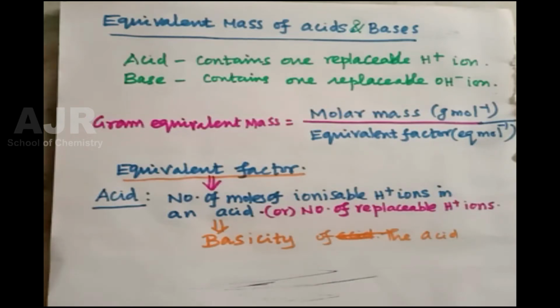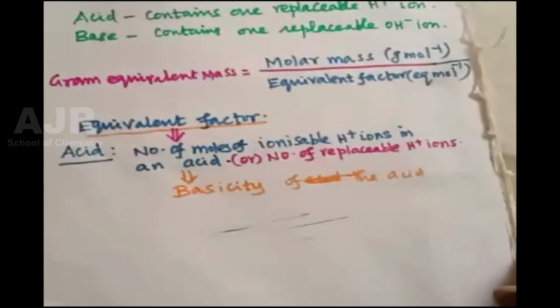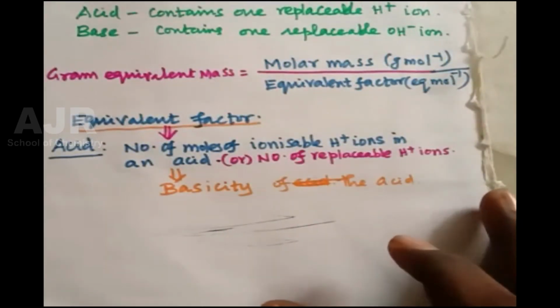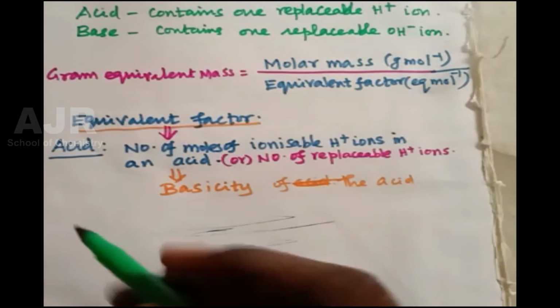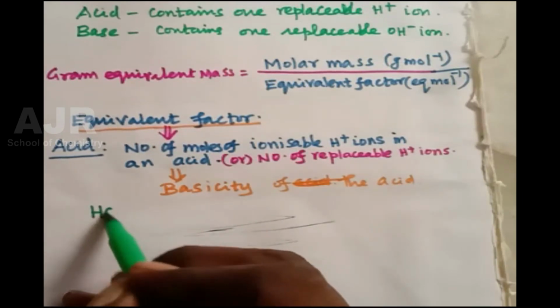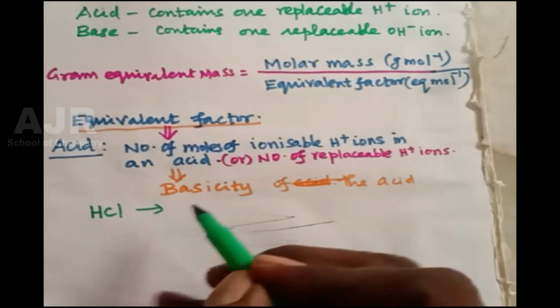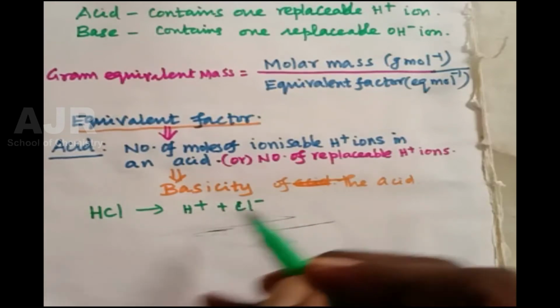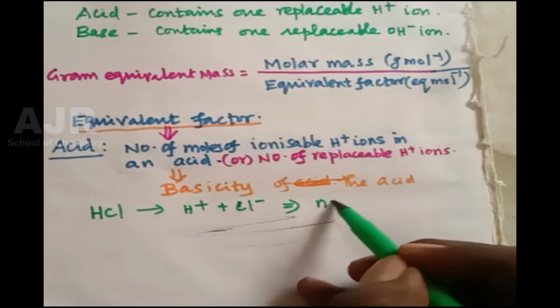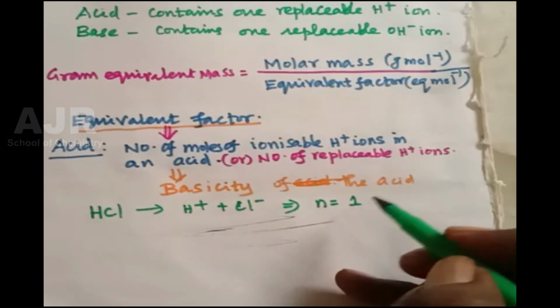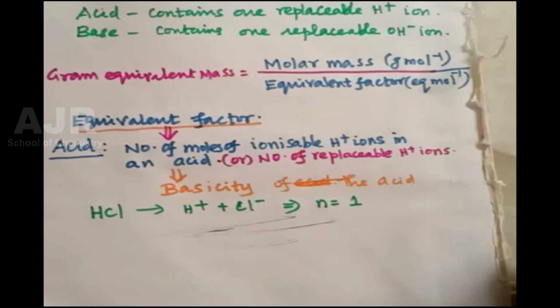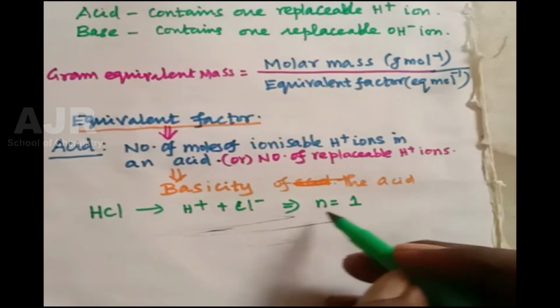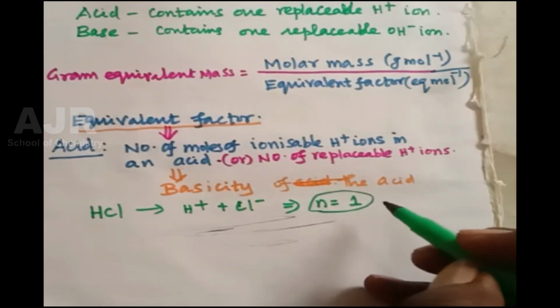Now I am going to give you an example so that you can easily understand what is meant by equivalent factor. For example, consider HCl. In HCl, there is only one H plus ion, right? So the equivalent factor N is equal to 1. You consider it as the N factor, the equivalent factor.